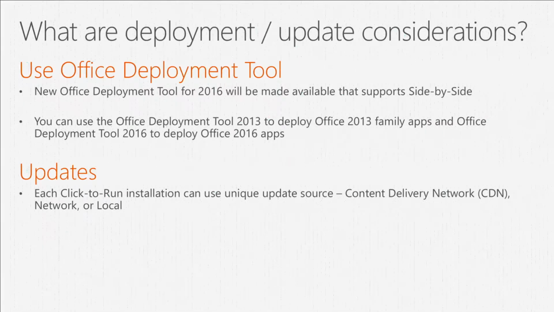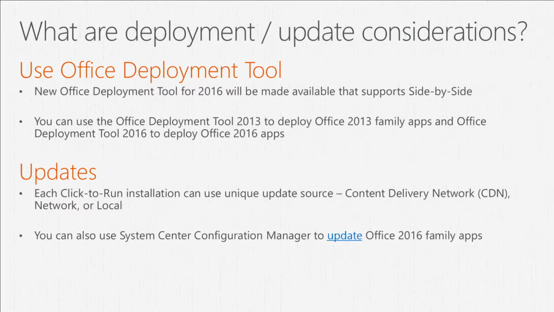That's because we have done some significant work, as I mentioned, to keep the registry keys and all the configuration totally separate so that they operate totally independent of each other. For 2016 products, you can even use System Center for doing updates. Just like we're now supporting System Center for 2016, you can deploy it and update it using System Center, while 2013 can continue to update from the cloud or network location or whatever.